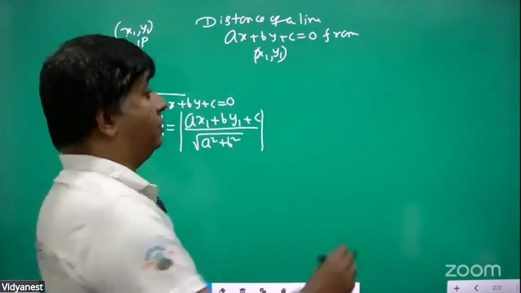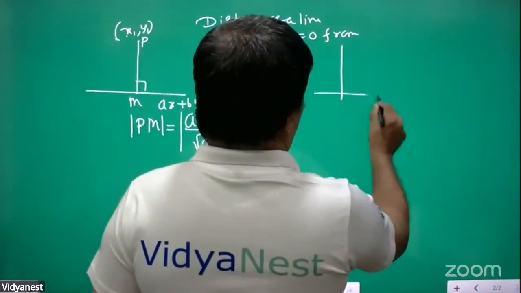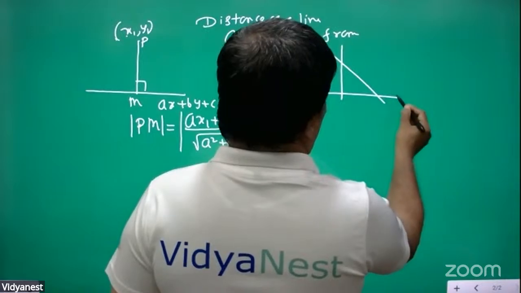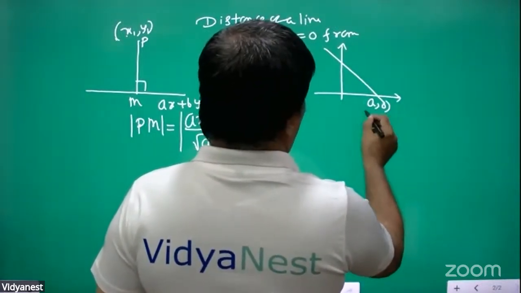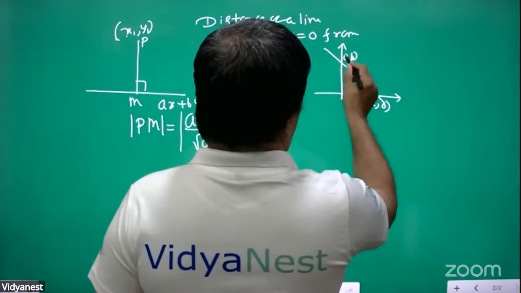We got intercept form also. This is a straight line with intercept x and y axis, that is at a comma 0, 0 comma b.